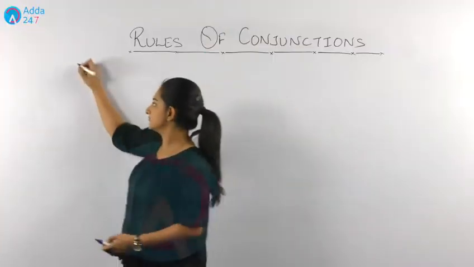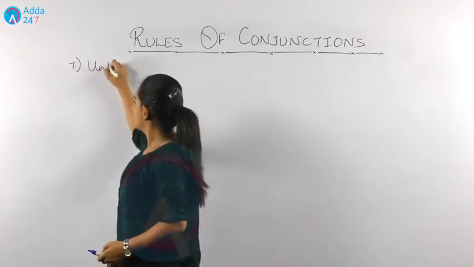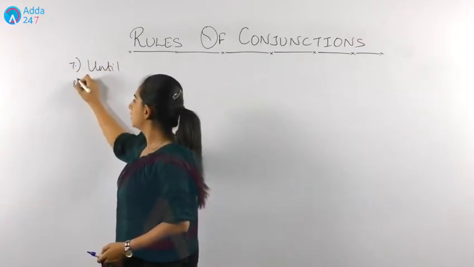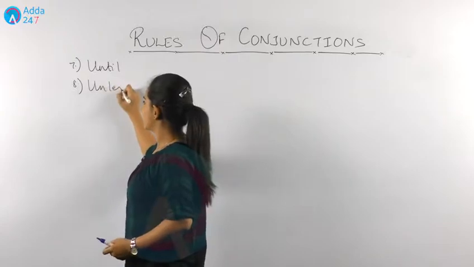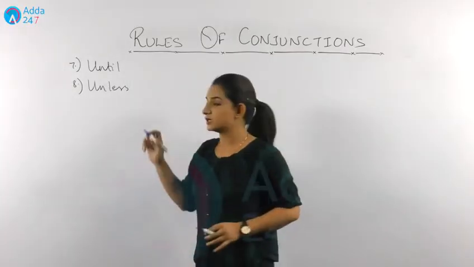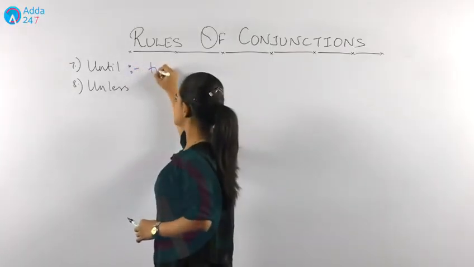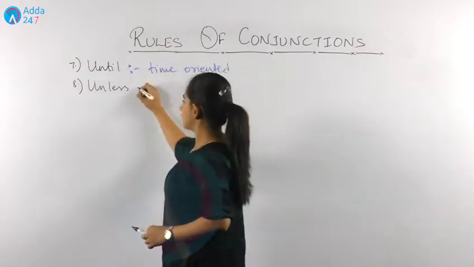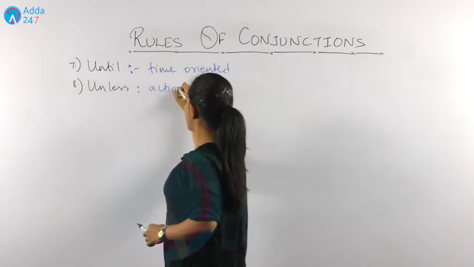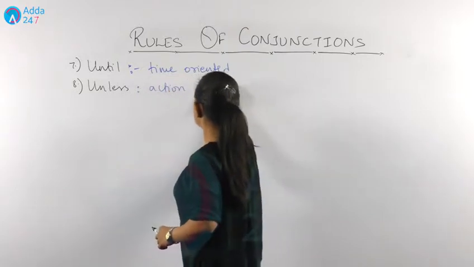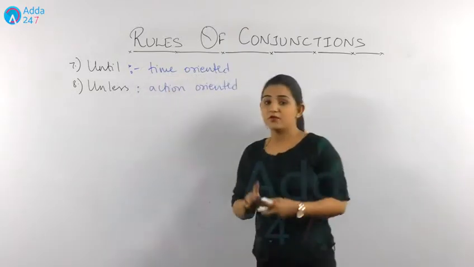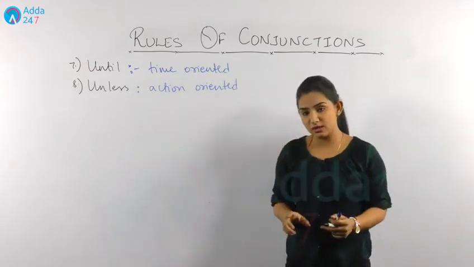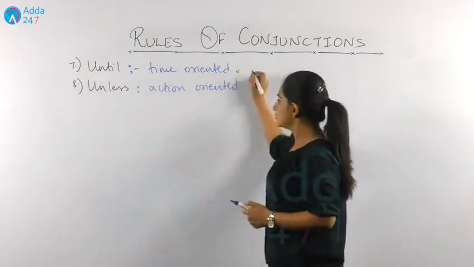Next that we have is until or unless. If we talk about until, it is always time oriented. And if we talk about unless, it's always action oriented. Right? If we want to have a timing, then we use until.